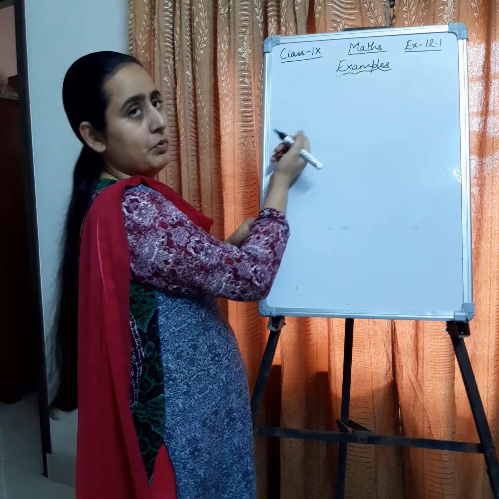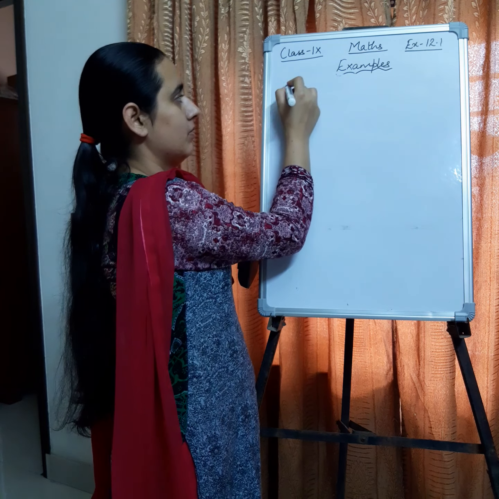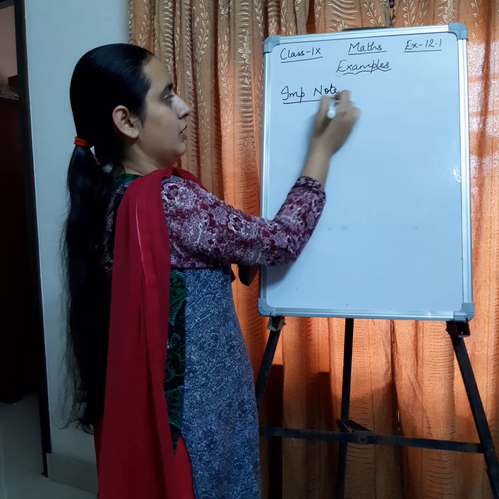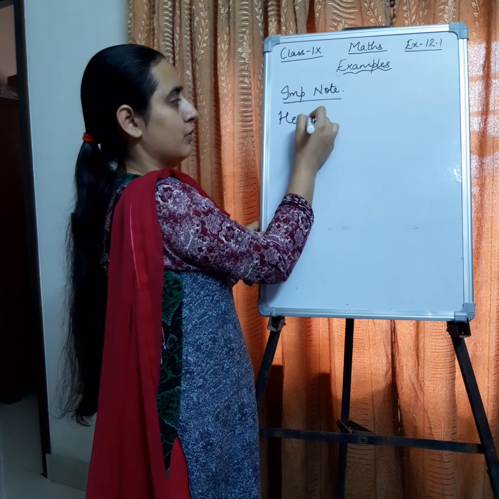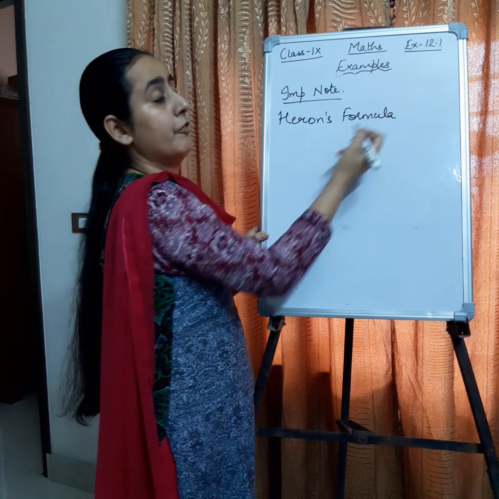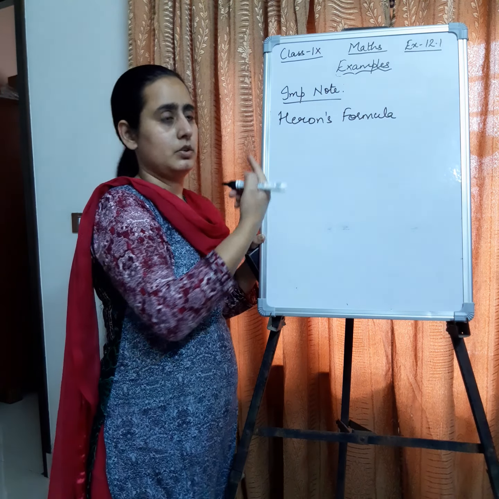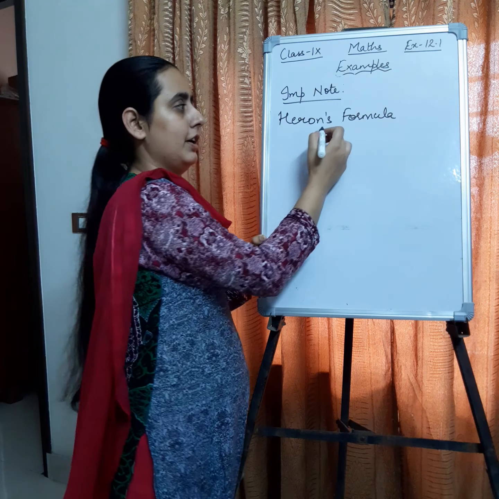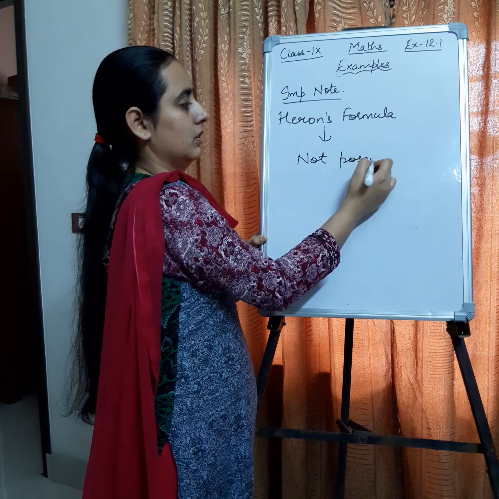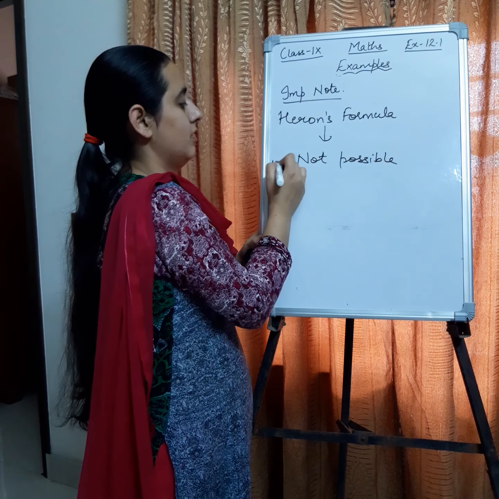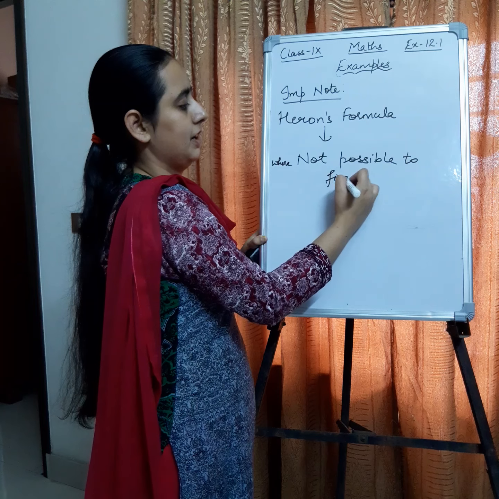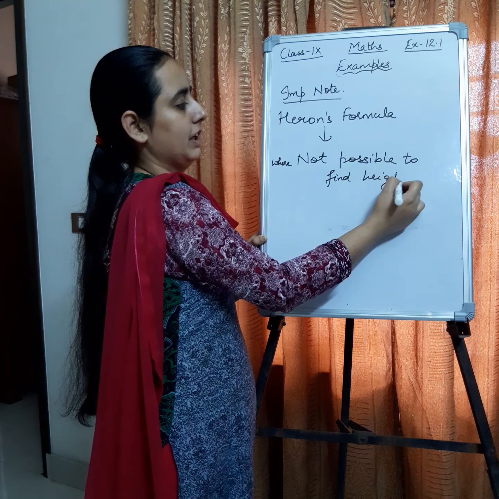One very important thing to remember is that we use Heron's formula where it is not possible to find the height of a triangle.